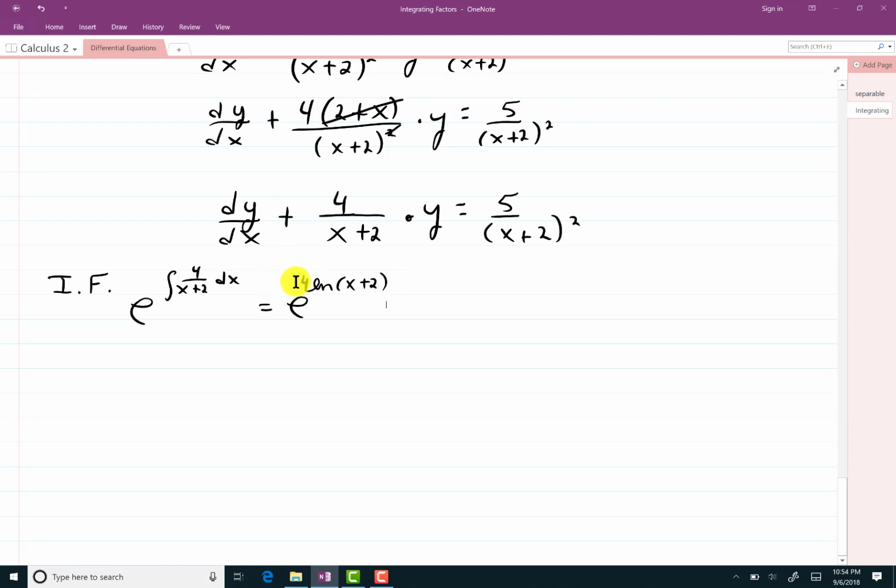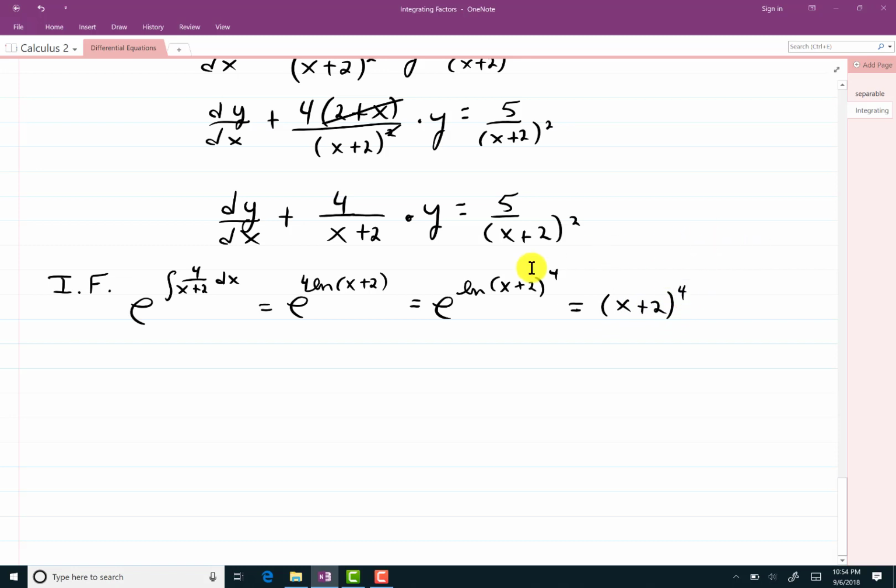I'll play the same game I did before and take this 4 and make it an exponent. That equals e to the natural log of (x plus 2) to the 4th power. And so now the e and the ln will cancel, and I'll get (x plus 2) to the 4th.